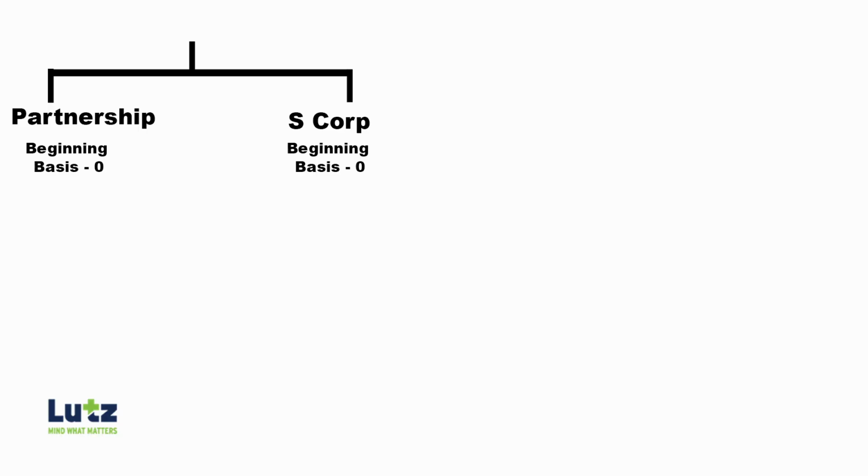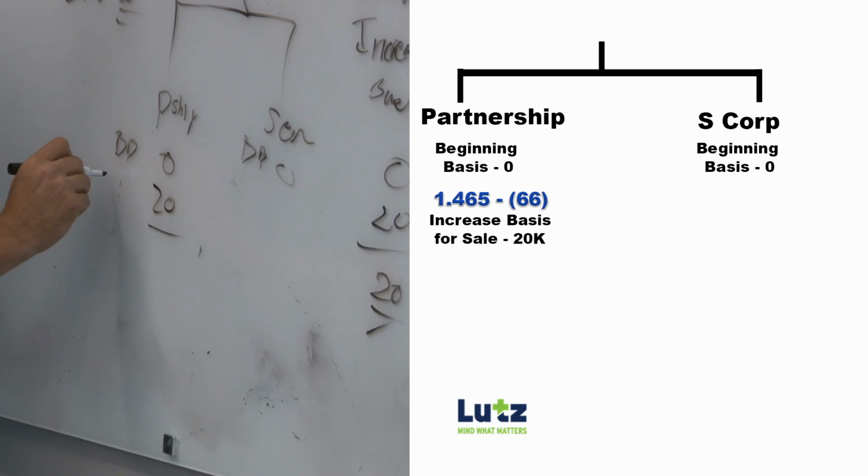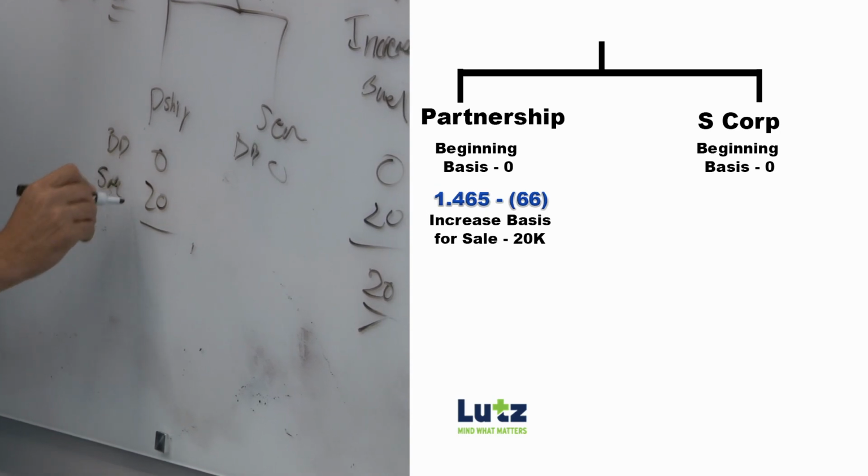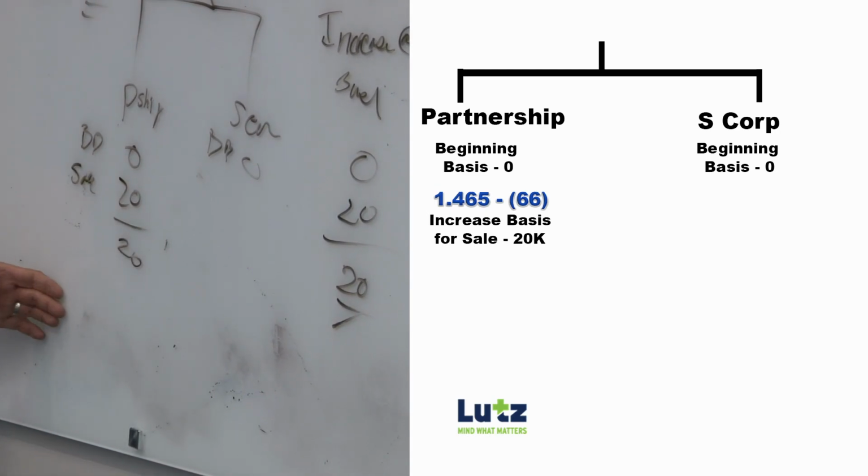The partnership court case says this gain from the sale, under this reg, 1.465-66, says you get to increase basis for the sale. So now my basis is 20.